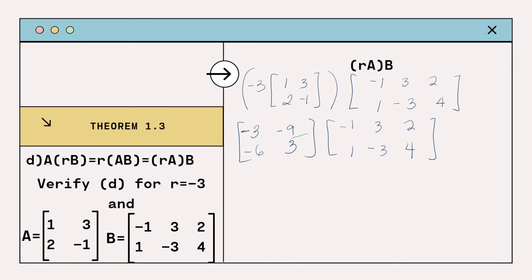Again, we are going to multiply the row and the column.